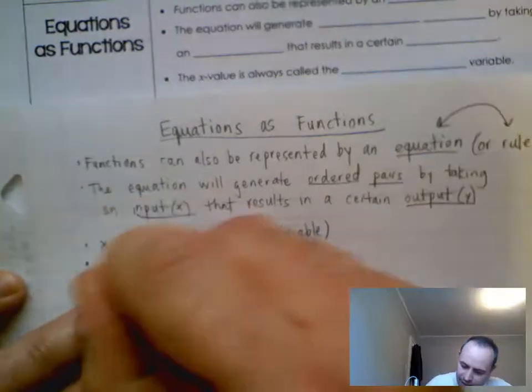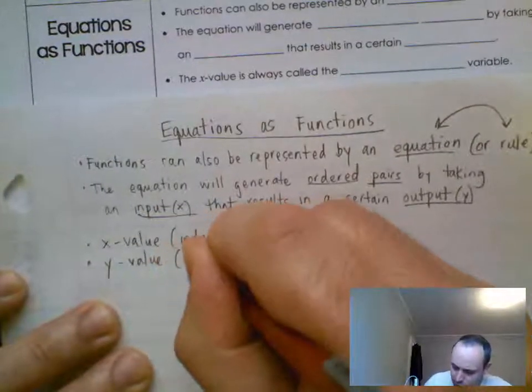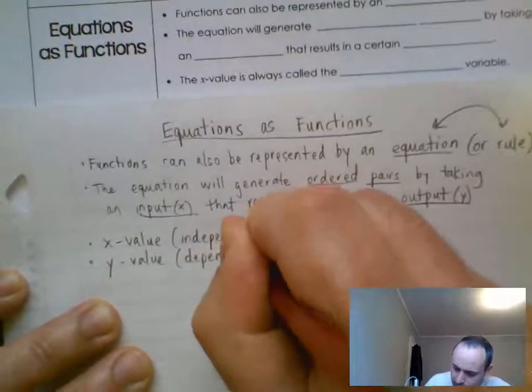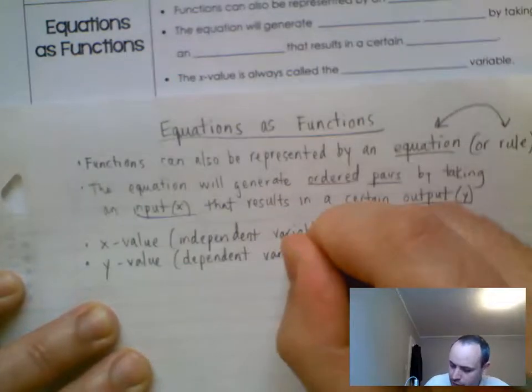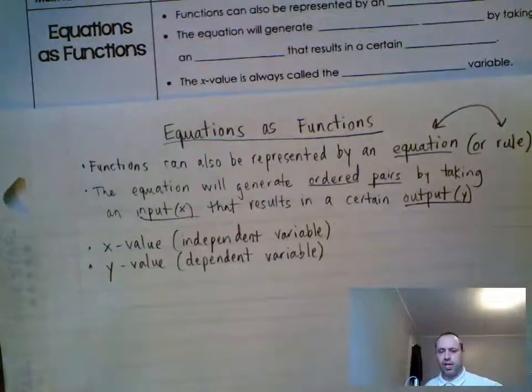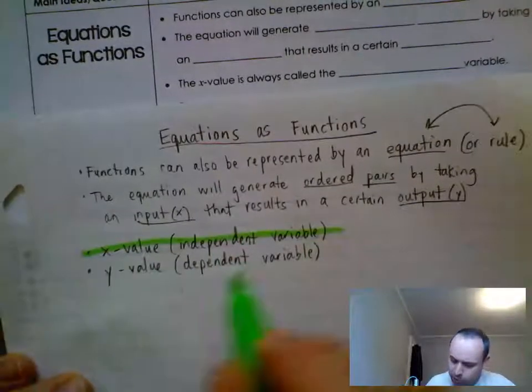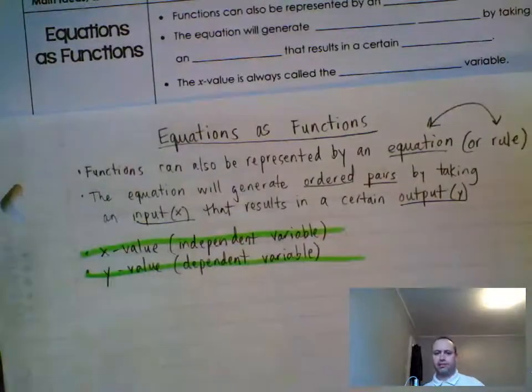And then the y value is what we call the dependent variable. Those are some vocabulary words you're going to want to know. You're going to want to know that the independent variable is your x value and the dependent variable is your y value.